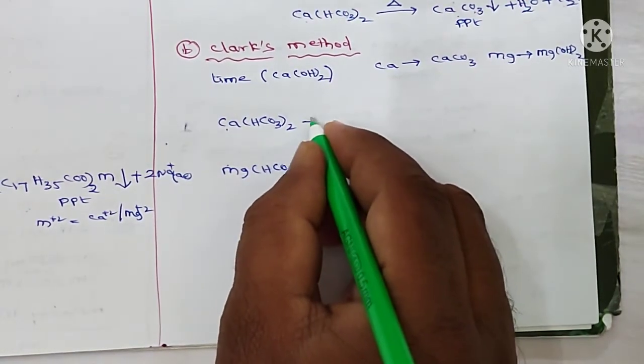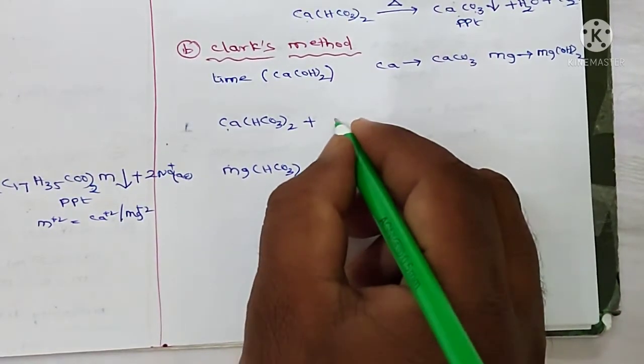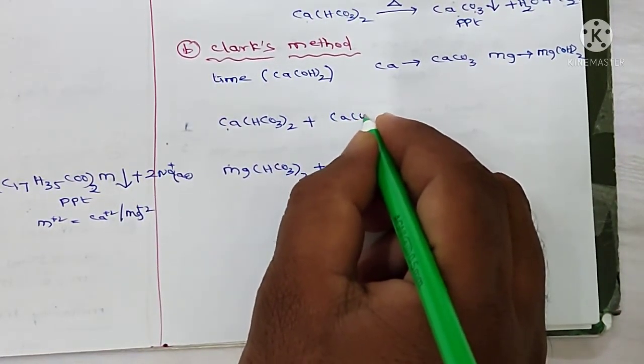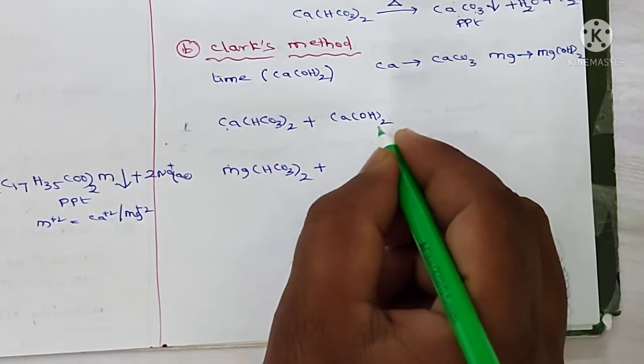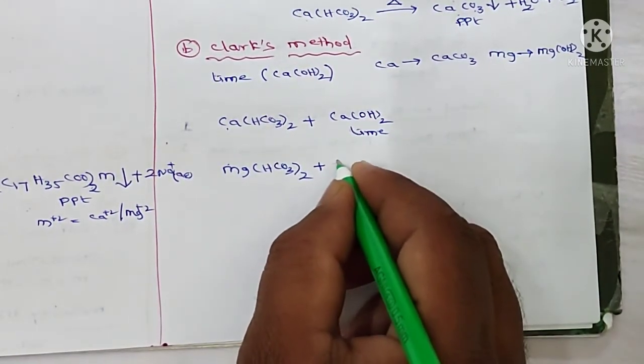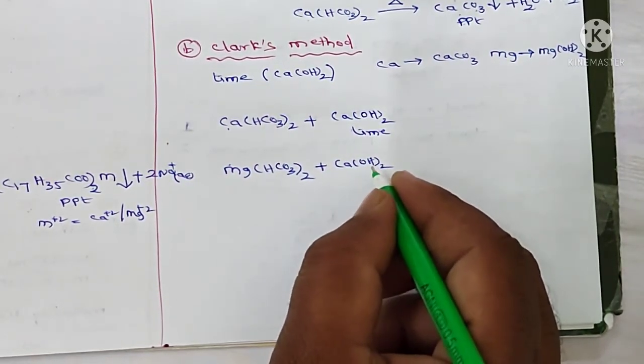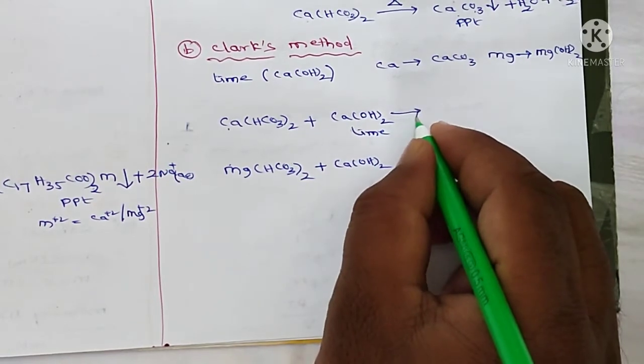So if you add lime to that temporary hard water, lime means calcium hydroxide. So here also I am taking lime. Then what happens?